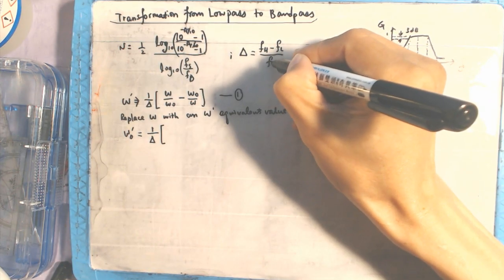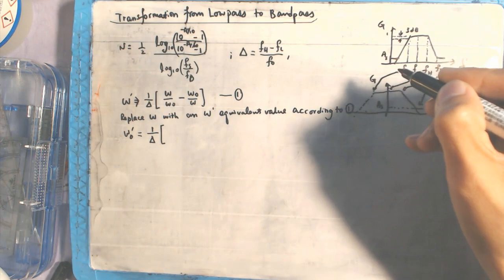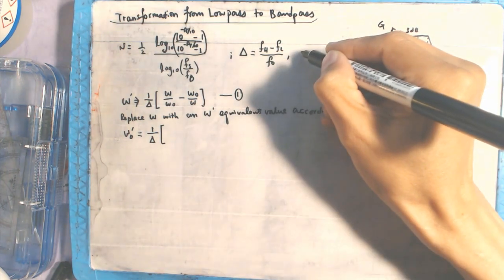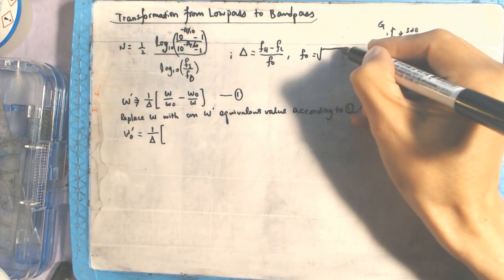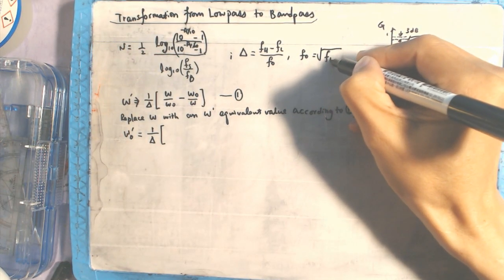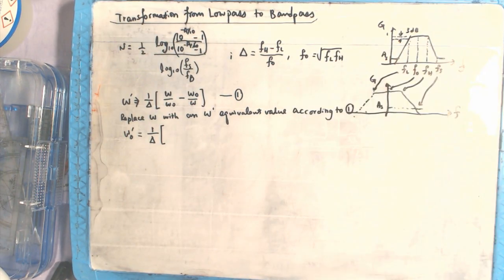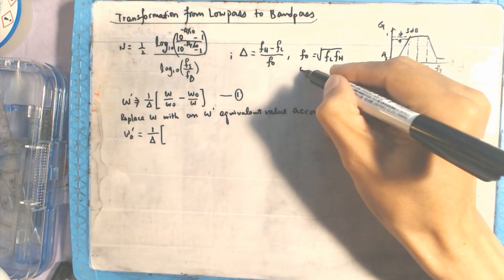And f naught is the center frequency here, and it is given by this, the so-called f naught. And obviously you can also use radian.